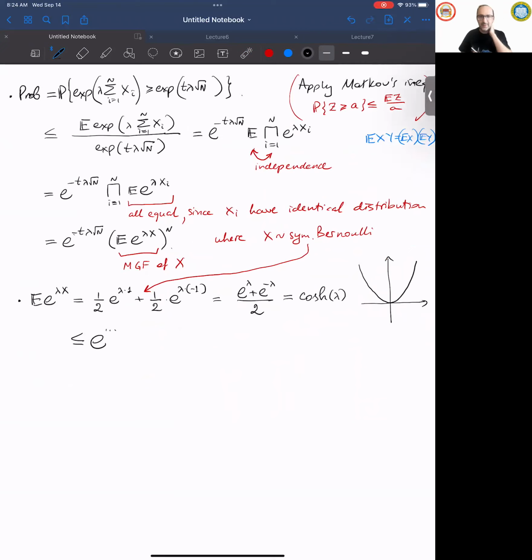Then it would be easier to deal with this to the power n, right? If you do the Taylor expansion of this, the best you can bound it with is e to the lambda squared over 2. This happens for any lambda. Use Taylor's expansion to prove this. Do it yourself. It's a pretty good approximation near 0.